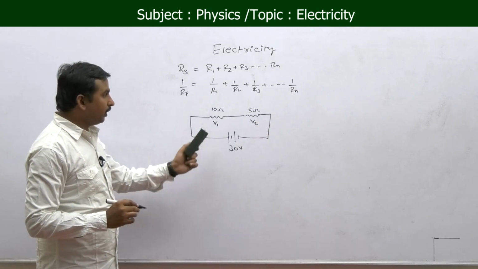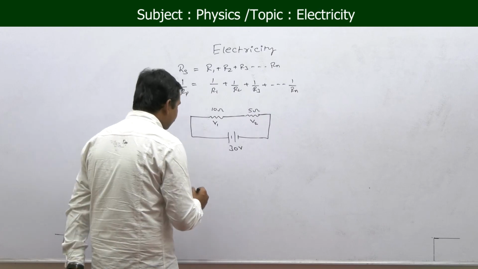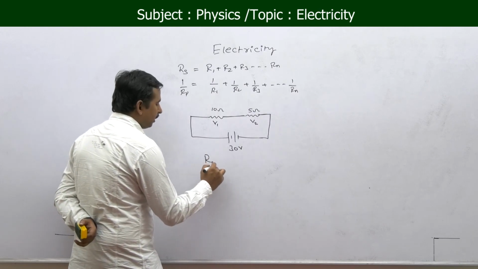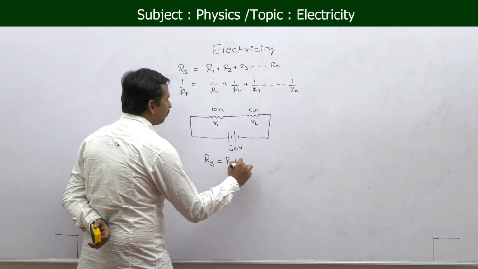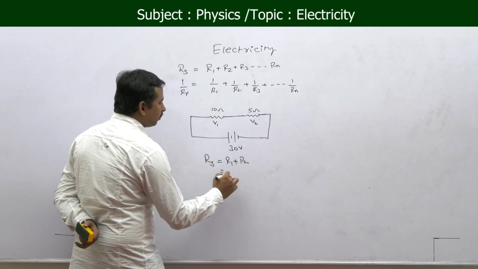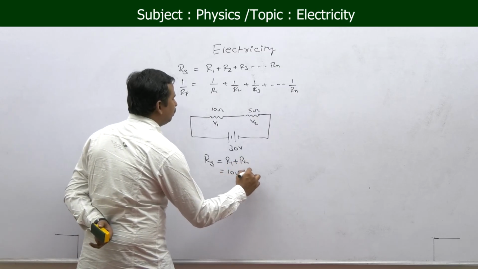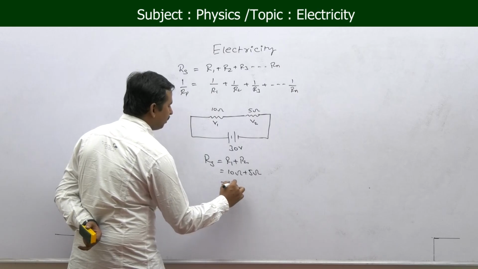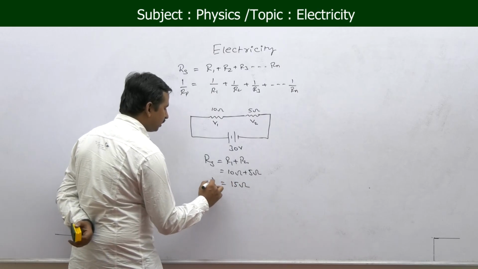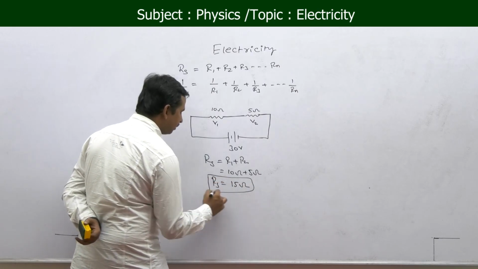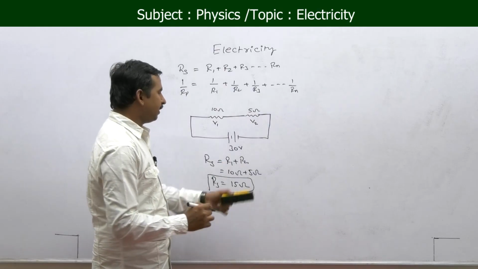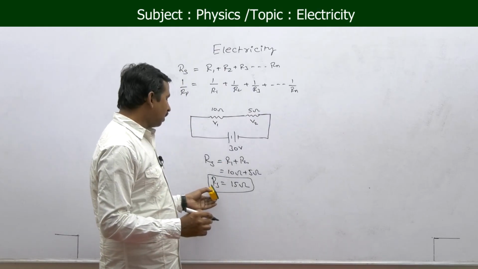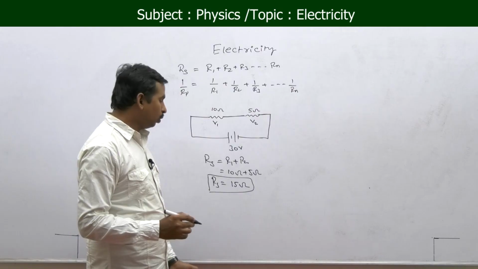And we know that the equivalent resistance in case of series is R1 plus R2, where R1 is 10 ohms and R2 is 5 ohms. Then in total it becomes 15 ohms, the final resistance offered in this case. So we can take Rs is equal to 15 ohms.